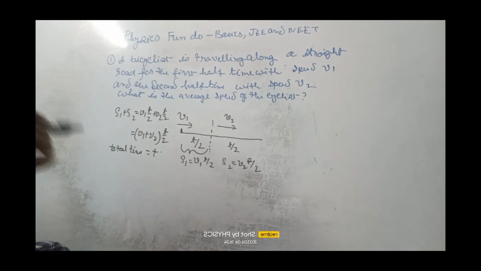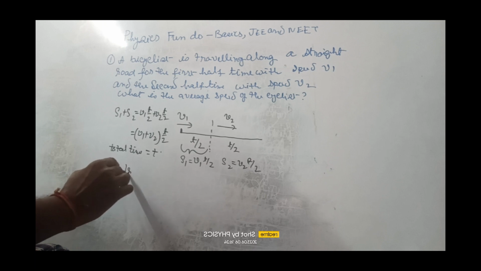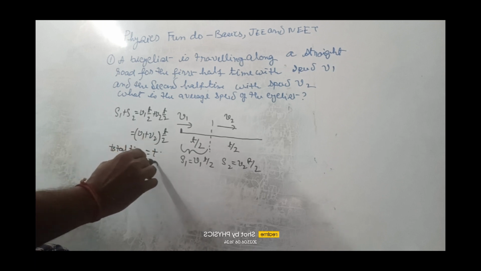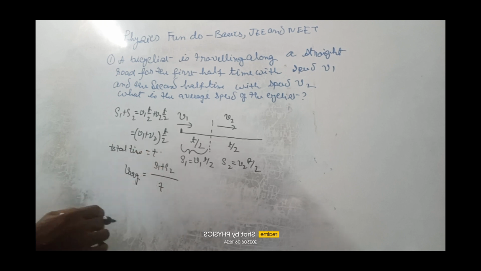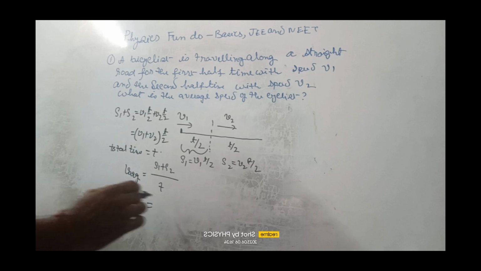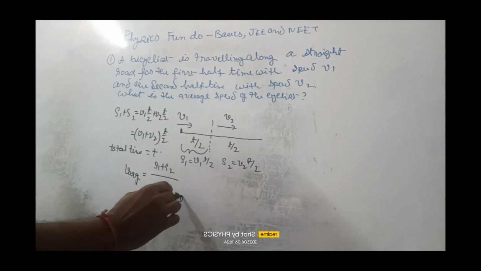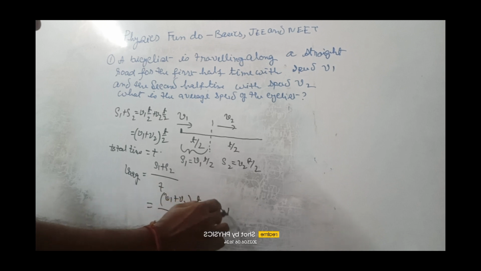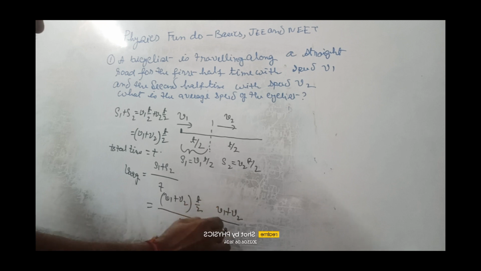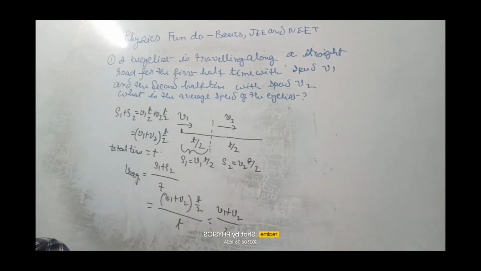Now the average velocity v avg is equal to total distance traveled, that is (s1 plus s2) by t, that is equal to (v1 plus v2) into t by 2 by t, that is equal to (v1 plus v2) by 2. That is the answer.